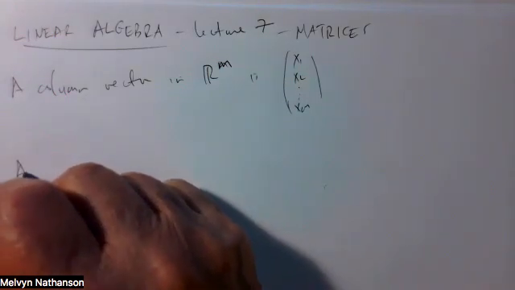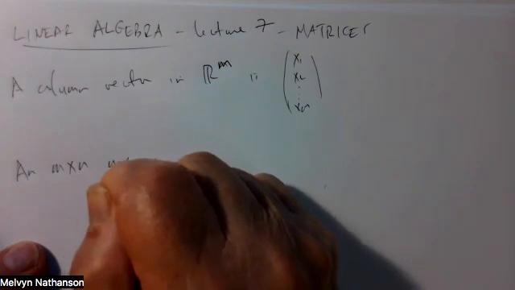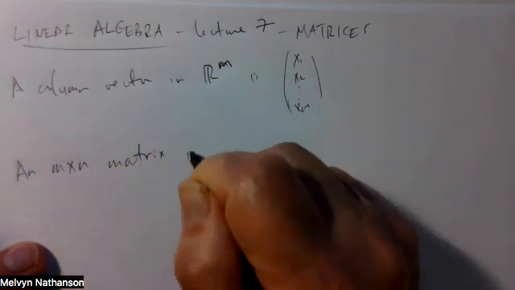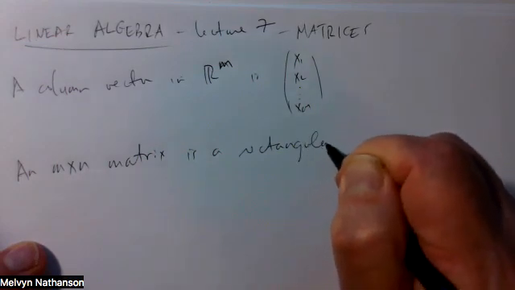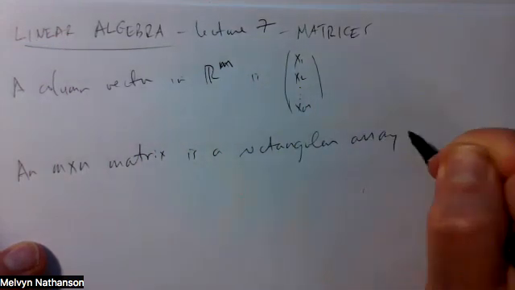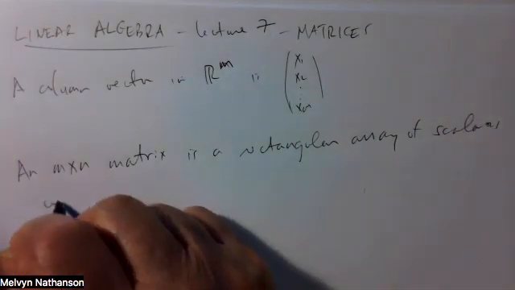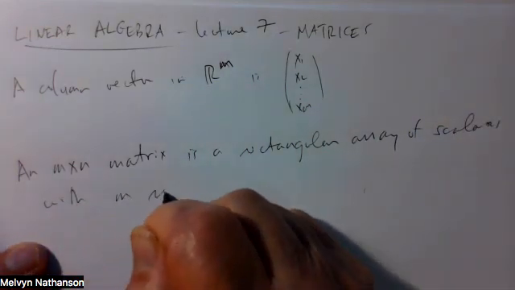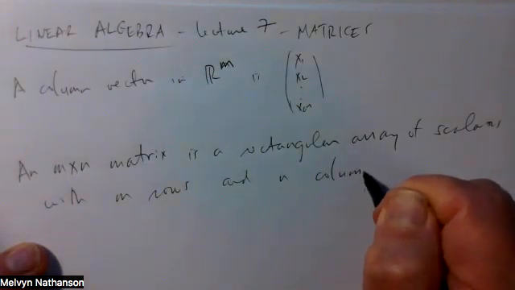So for positive integers m and n, an m by n matrix is a rectangular array of scalars, numbers, with m rows and n columns.